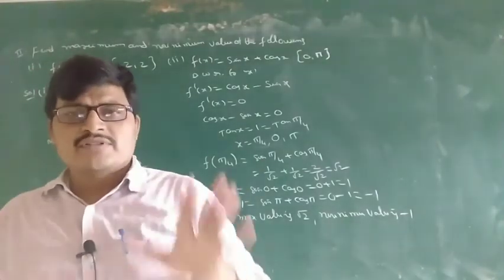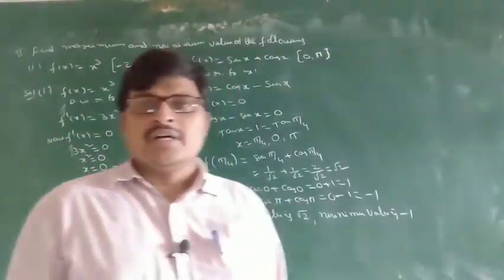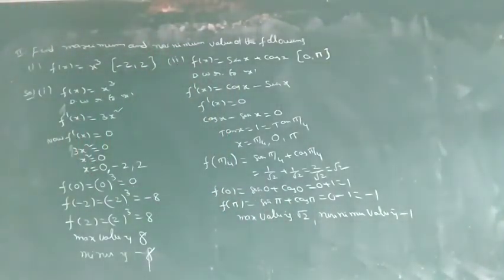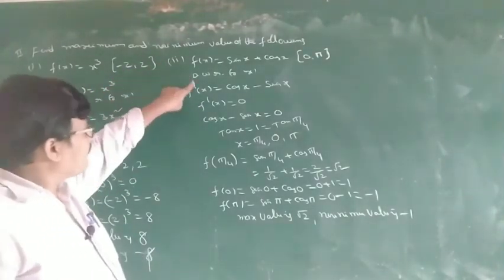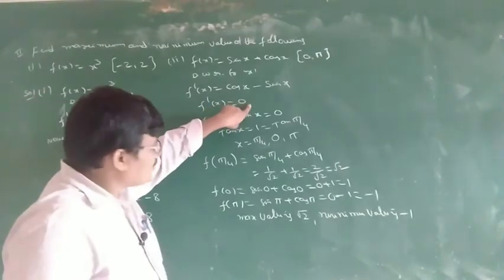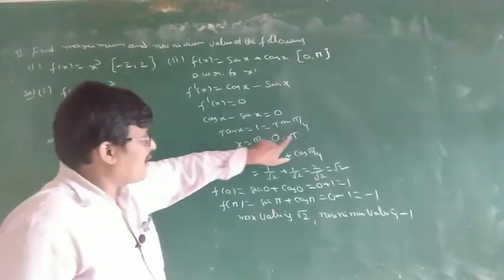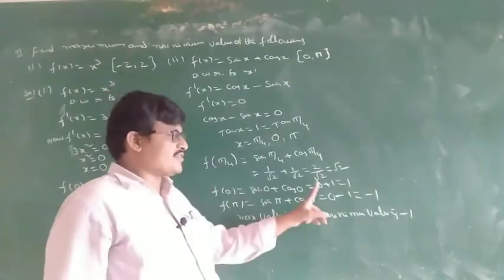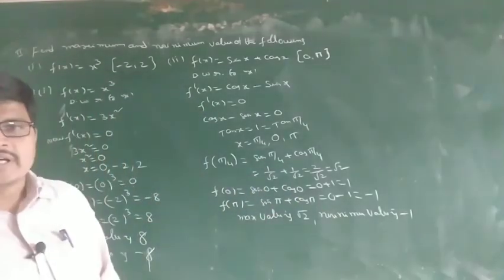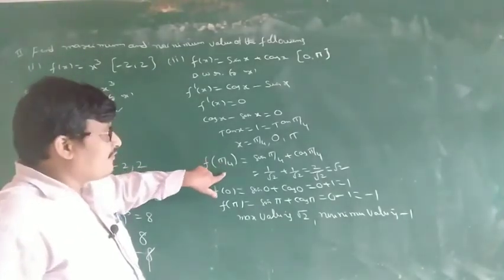For any type of problem, we follow three working rules. The first one, take the derivative with respect to x, set f dash of x equal to 0 and find the x values. Next, the second one, f double dash of x.